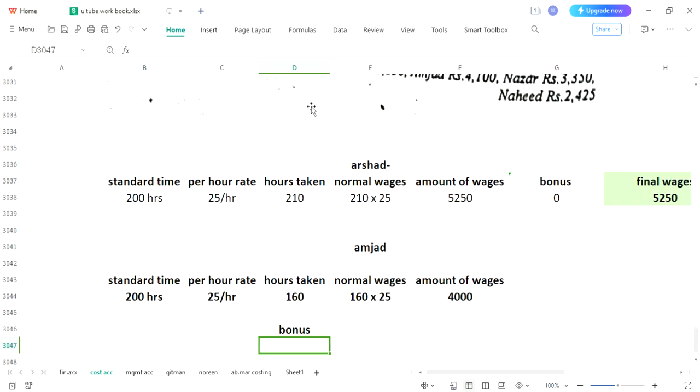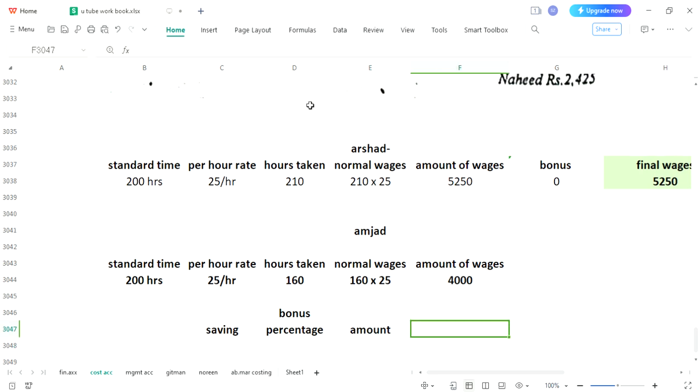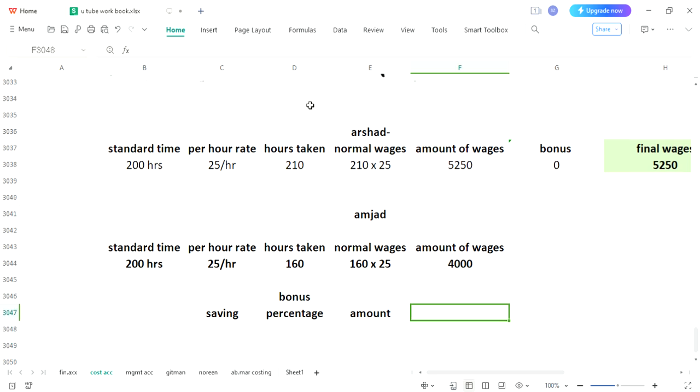So first part would be the saving, then we know the per hour rate, the hours saved, and how much percentage would be given as bonus, and then the amount of bonus can be calculated over here.